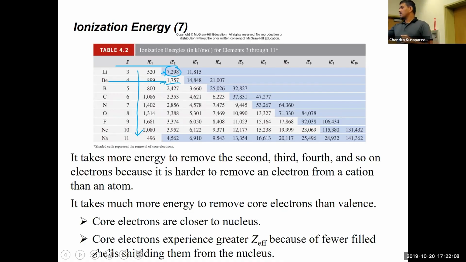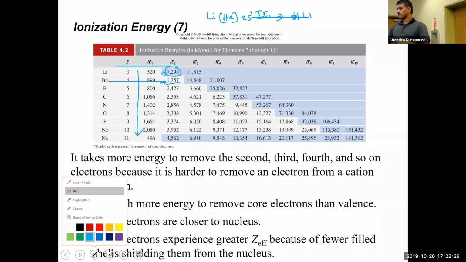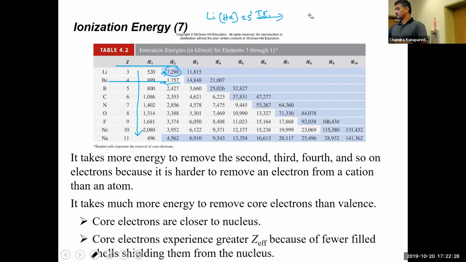It is because lithium's electronic configuration is helium 2s1. If you talk about ionization energy 1, it loses its first electron and turns into lithium plus by losing one electron.